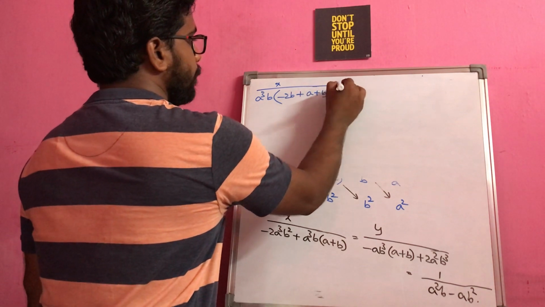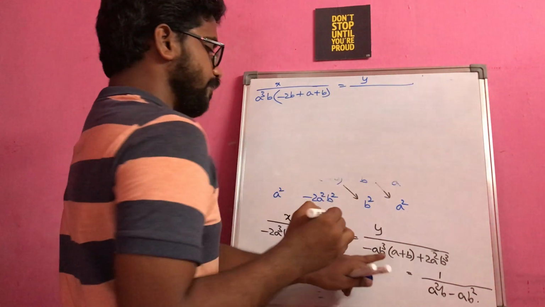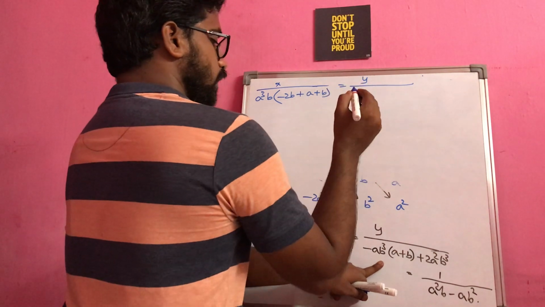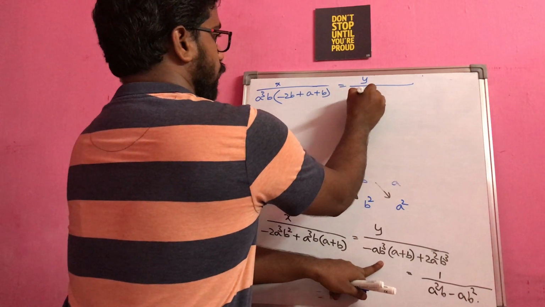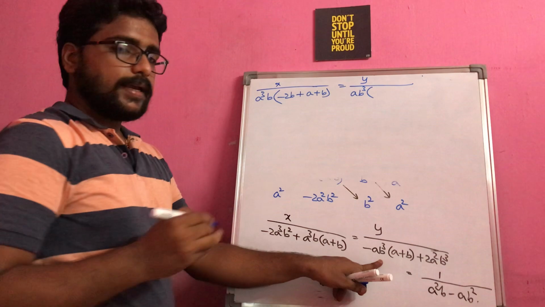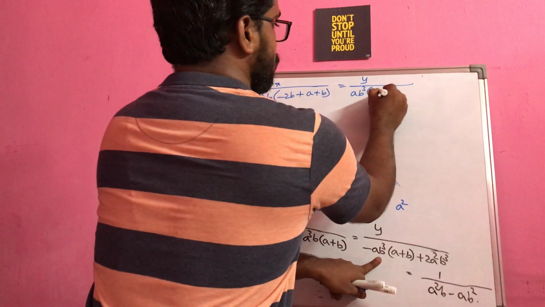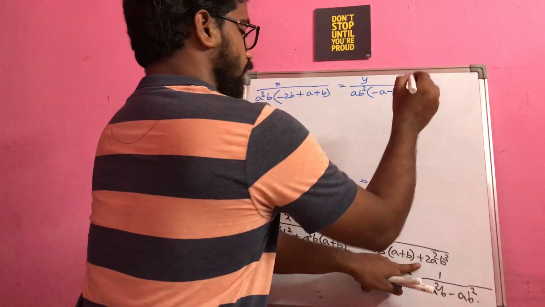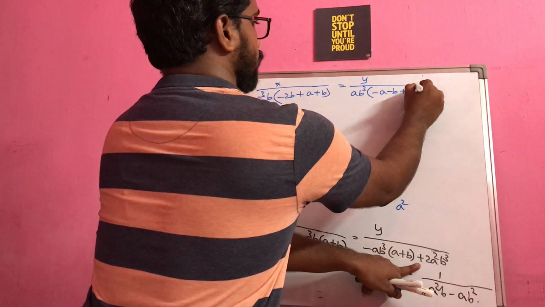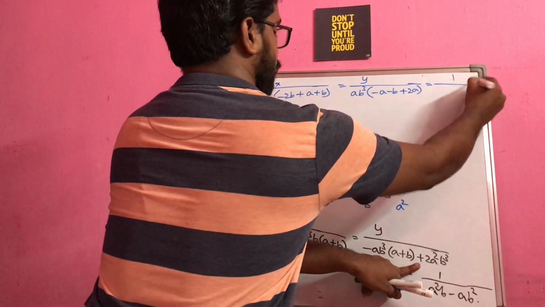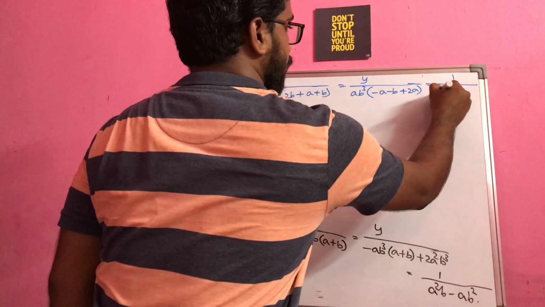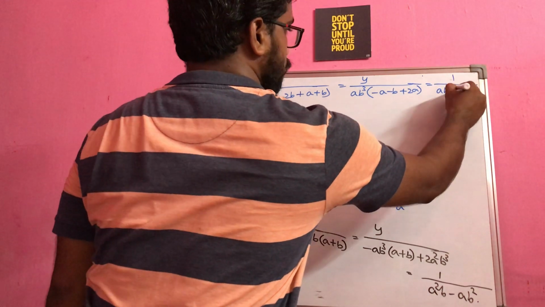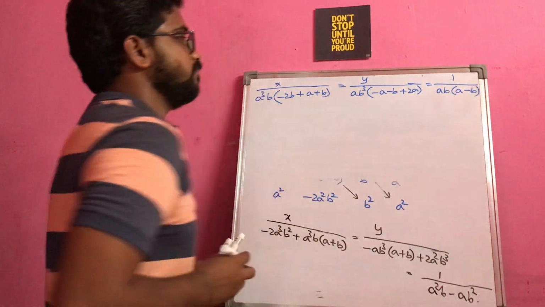Come to the next one, y by, again from this ab cube can be taken common, which leaves minus a minus b plus 2a, is equal to 1 divided by, from this again I can take ab as common, so that I will be left with a minus b.